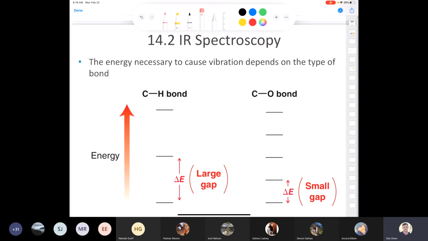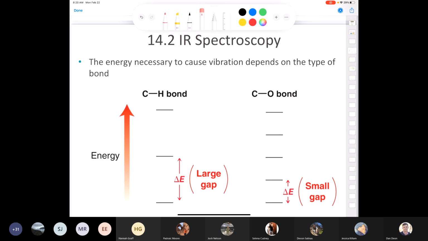In fact, each type of bond in a molecule is going to absorb a characteristic frequency that's going to allow us to determine which types of bonds are present in a compound. All we have to do is irradiate the compound, and irradiate just means subject it to infrared light, okay? We irradiate the compound with all the frequencies of infrared radiation, and then here's what's important. We detect which frequencies were absorbed.